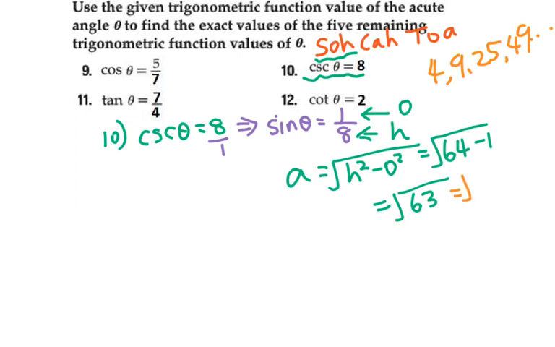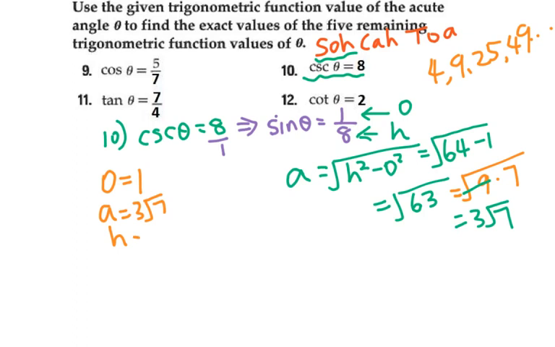Yes. So I will do 9 times 7. Then square root of 9, you will get 3 square root of 7. That's for A. So I list your opposite side equals 1, your adjacent side equals 3 square root of 7, then your hypotenuse side equals 8. We already got the cosecant and sine.